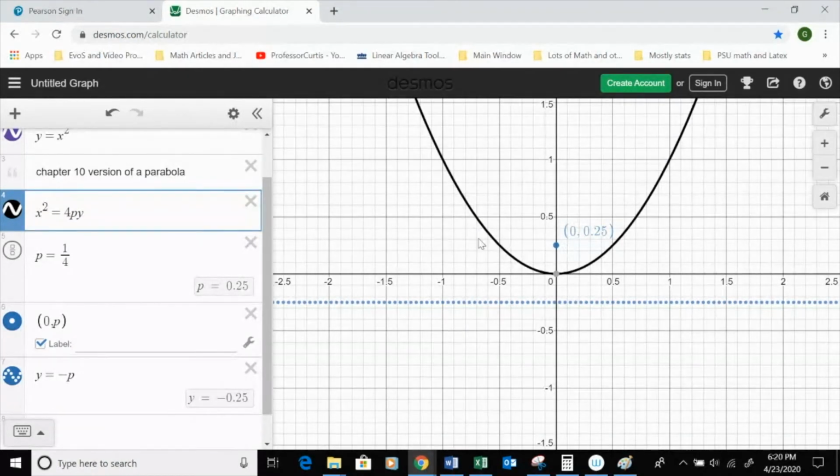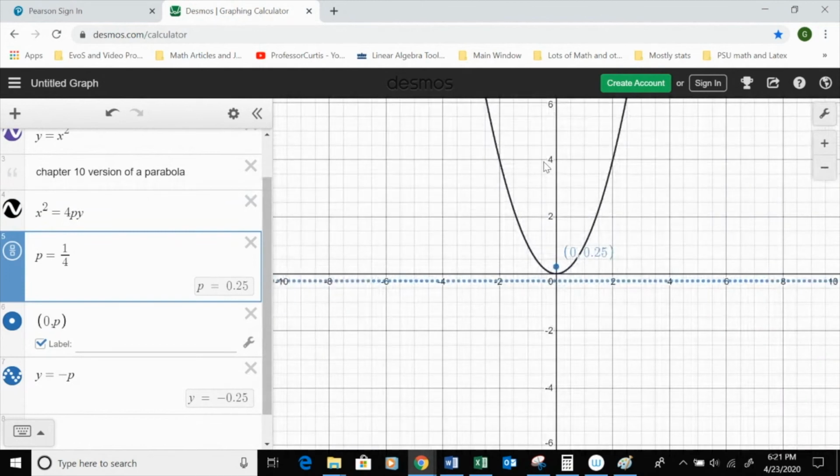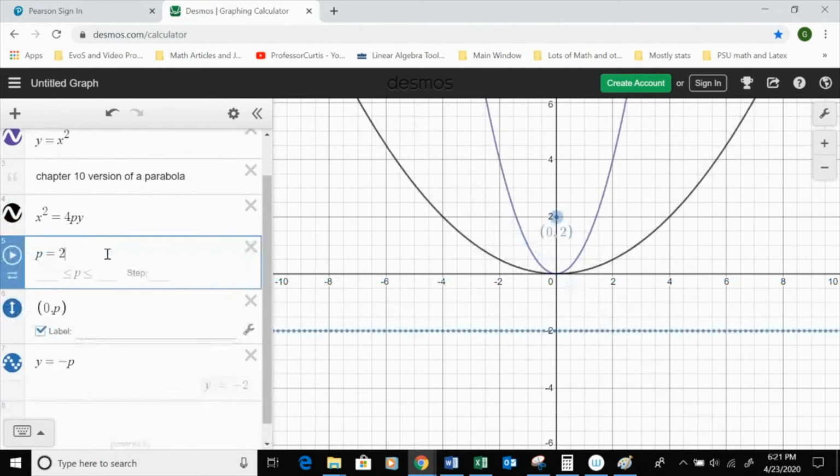Well, that's great if this is the only parabola we're ever going to draw, but it's not. I told you if the p was really big, and so let's go back here. I wrote p equals 1/4. Let's zoom out just a bit, and let's make p bigger. Let's make p be maybe 2.